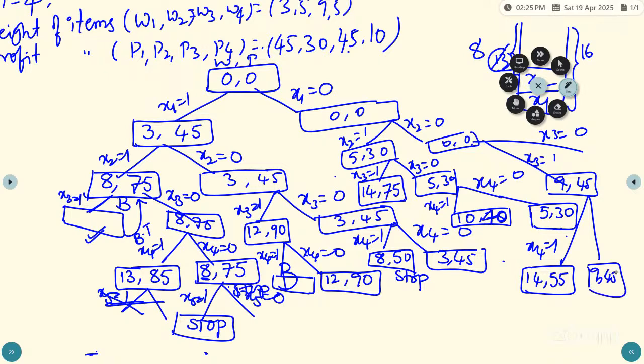No more extension as the 4 items are over, then it is 0 again, 0 comma 0. X4 0 means 0, 0, the fourth item weight 5 comma 10, stop.